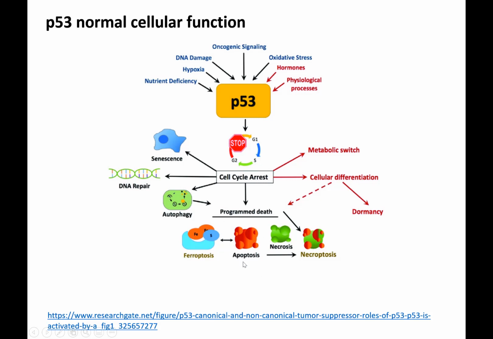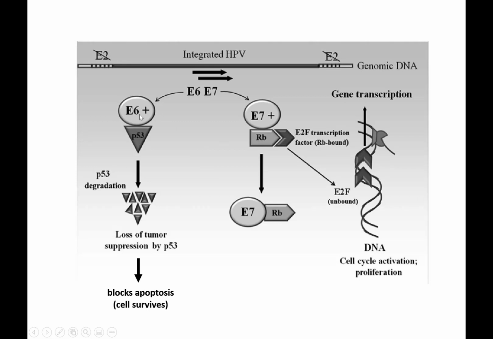Okay. Apoptosis is a nice way for the body to clean up cells that have damage. What happens is when E6, okay, here's your integrated HPV genome. When E6 is expressed at high levels, it binds to P53 and leads to P53 degradation. That eventually can block apoptosis and the cell survives, even with DNA damage.